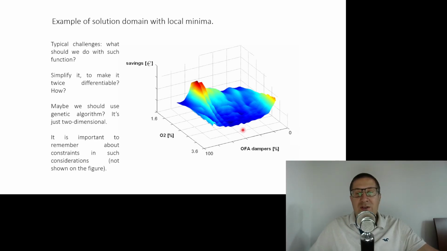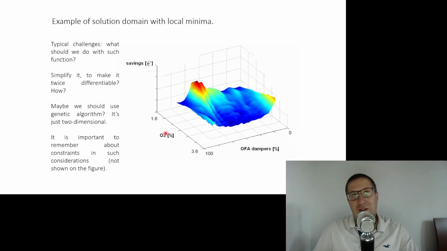The constraints are not shown on this figure, but we should remember about them. If we increase the oxygen level too high, it might be hard to get the gases out of the combustion chamber by the induced draft fans, and the induced draft fans will hit the maximum load, 100%, and a run back signal will be sent to the control system, and the load of the unit will have to be reduced.